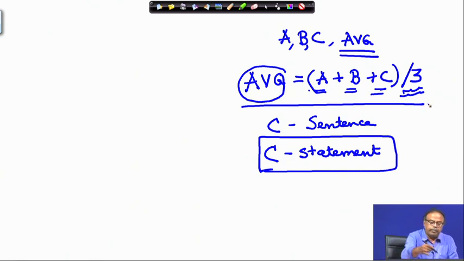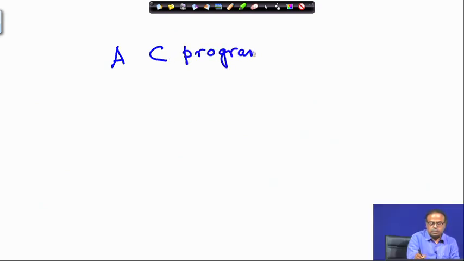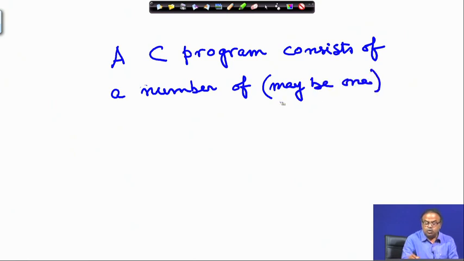Now, coming to a C program, it consists of a set of, let me call it, a number of, maybe 1, but at least 1, number of functions.